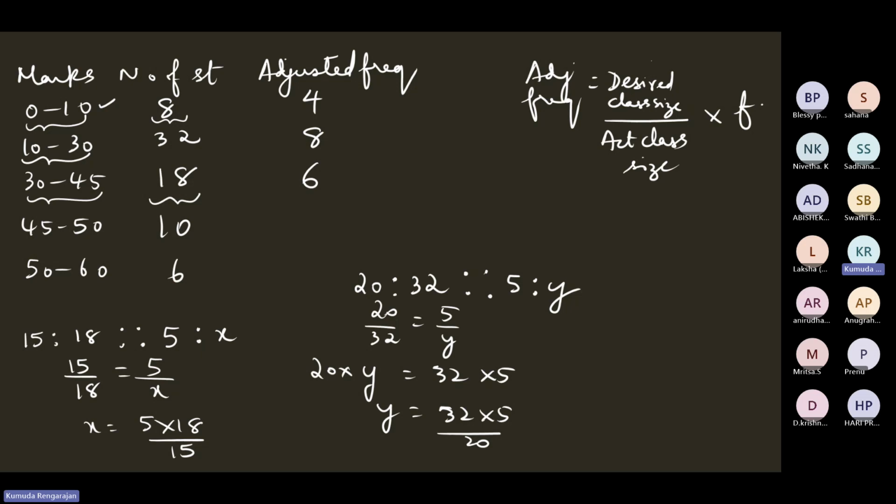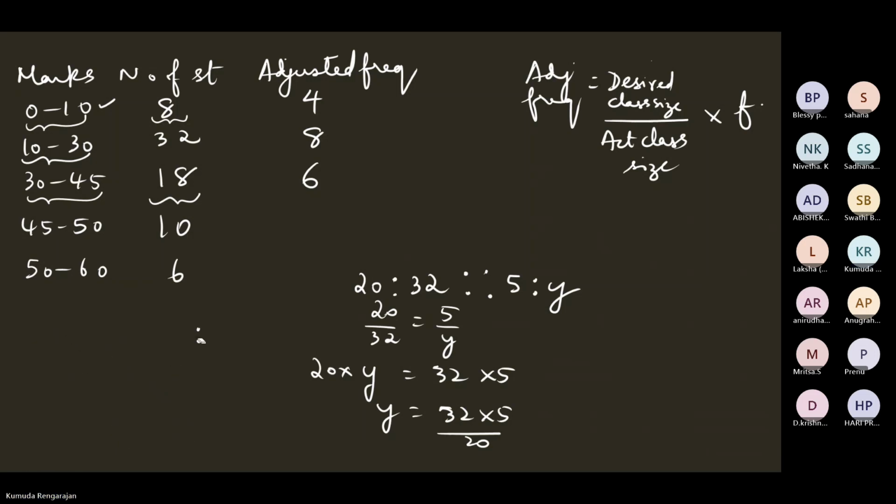The adjusted frequency is equal to, you want to have a particular class size, no, that desired class size by the actual class size into the frequency. So you can use this formula also. This will make your work easier. Just put it in the formula.